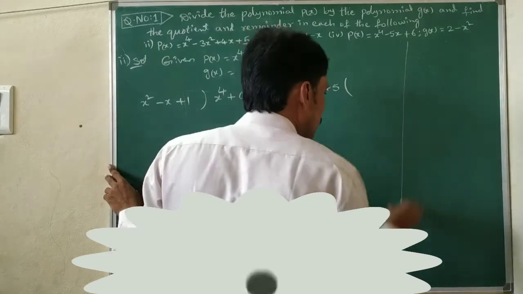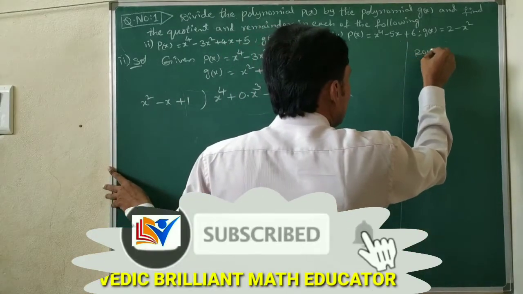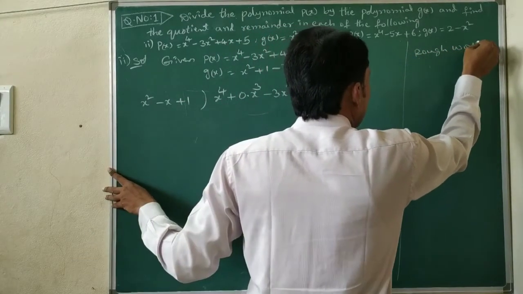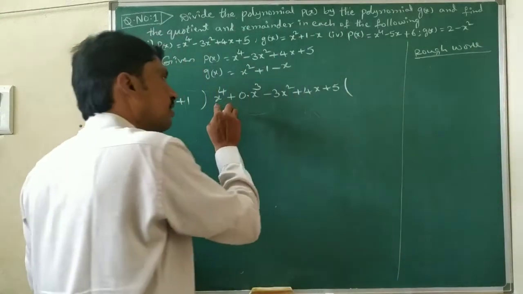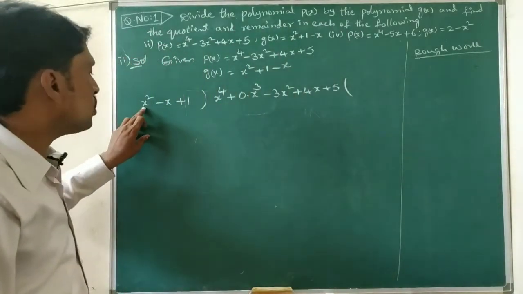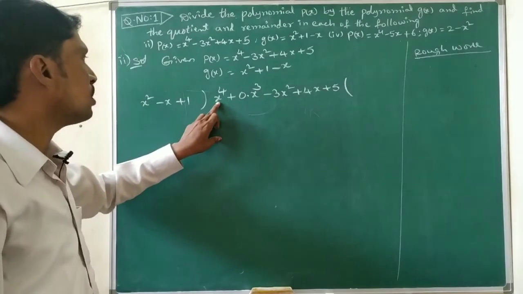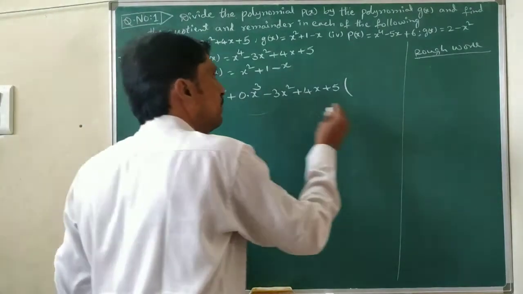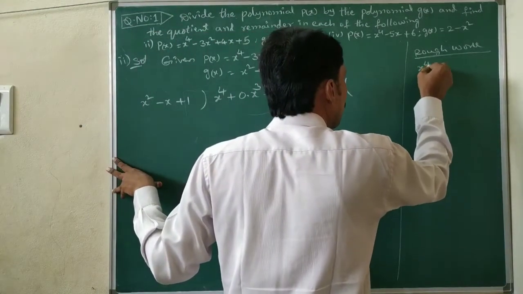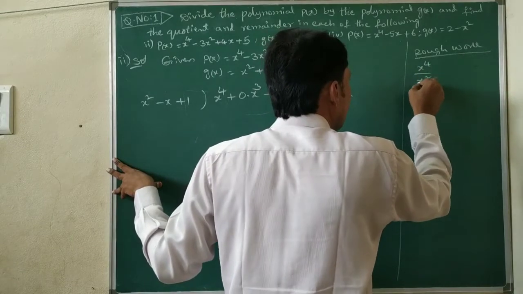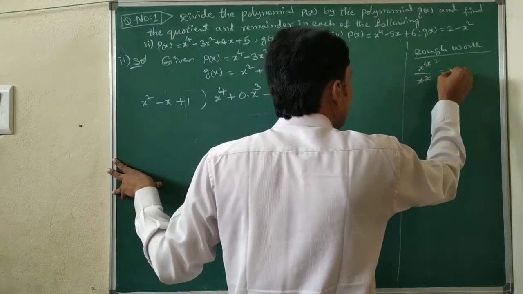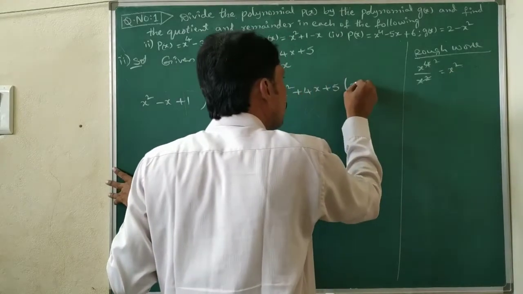Now it is the rough work. In the divisor the first term is x square, and in the dividend the first term is x power 4. Dividend by divisor, you have to take x power 4 by x square. X square gets cancelled, so x square is remaining.